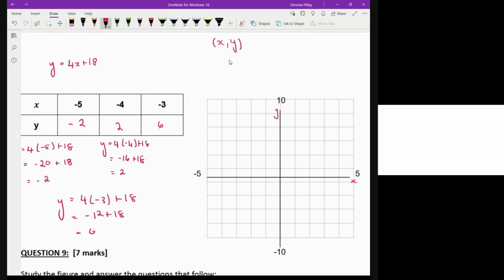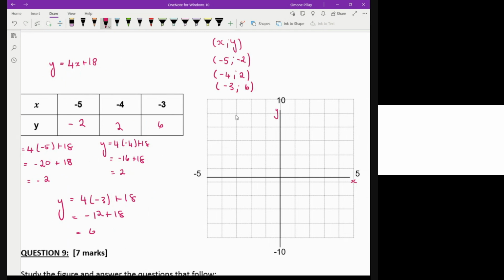And I know if I have a table, I can create my coordinates. When my x value is -5, my y value is -2. When my x value is -4, my y value is 2. And when my x value is -3, then my y value is 6.